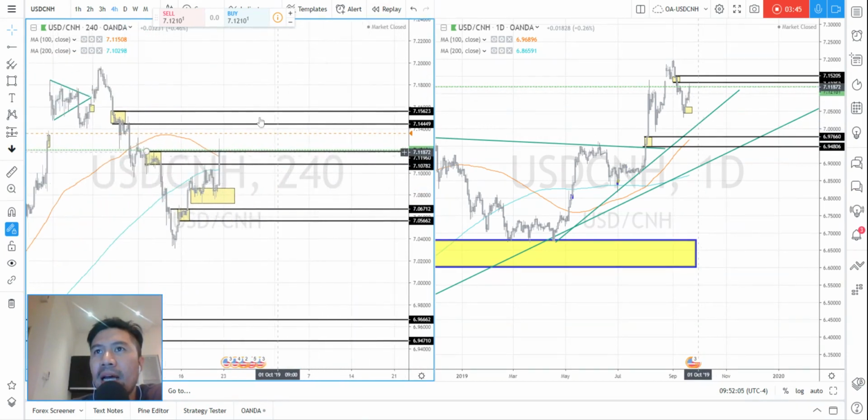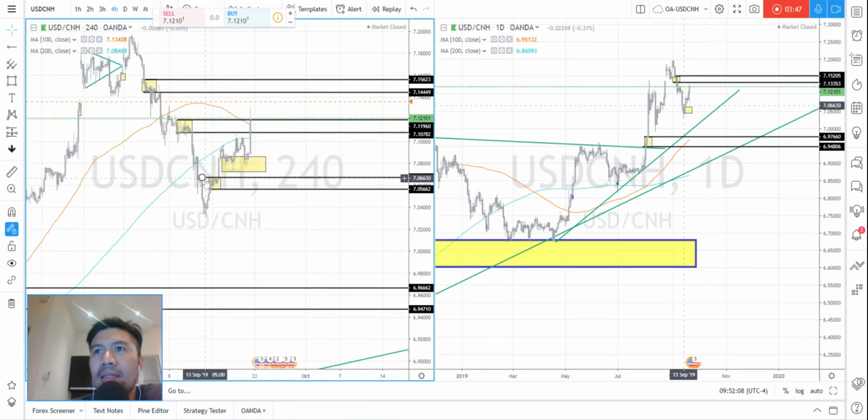But for the meantime, what we are seeing here, the price, just as last week, formed a demand and then tried to retrace, but it didn't reach, creating a base here.